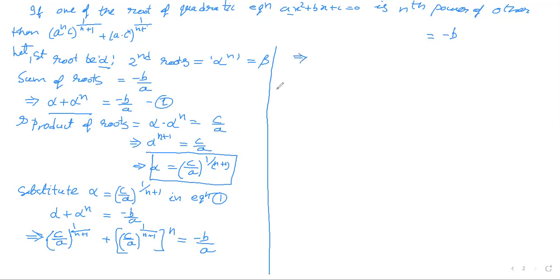It implies, now this (c by a) whole to the power 1 upon n plus 1 is first simplified.